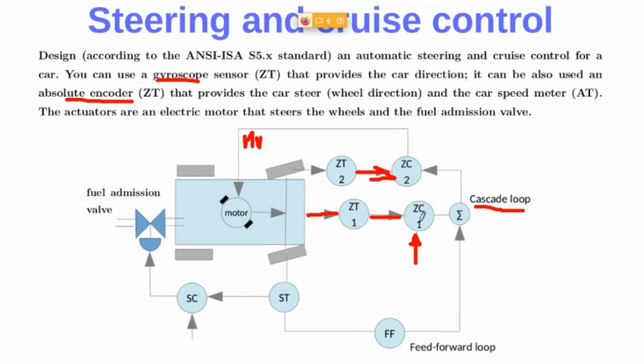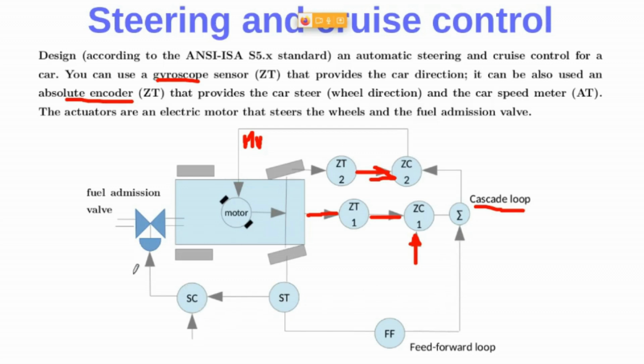The primary loop is the car direction, and the secondary or auxiliary loop is the one that controls the steer, the wheel direction, the car steer, right? As you can see here, we have something added to the primary controller action, but I will talk about this later on. I will take this signal later.